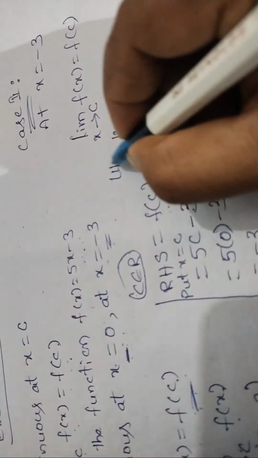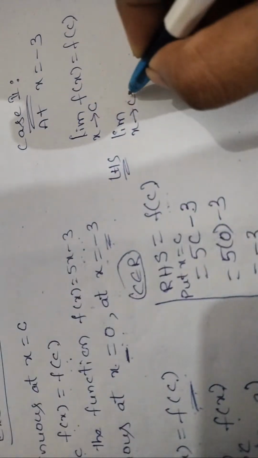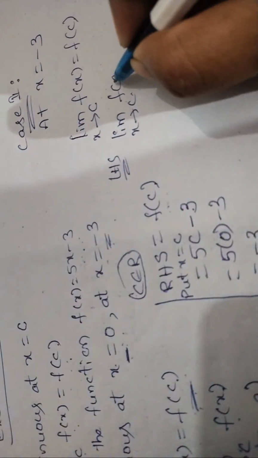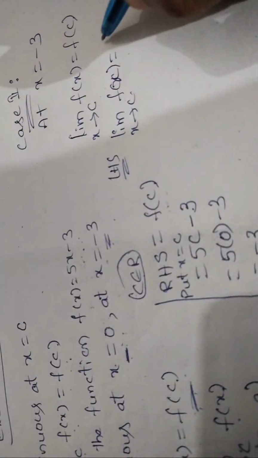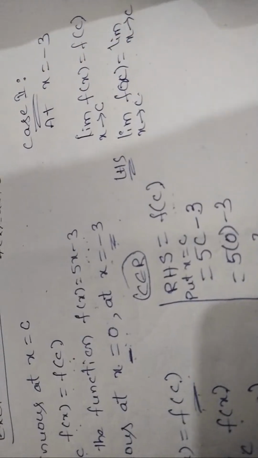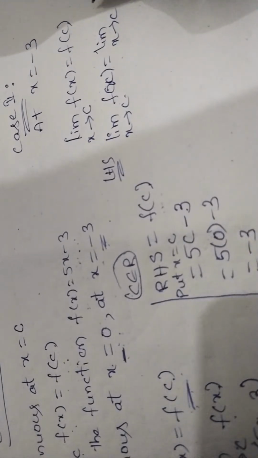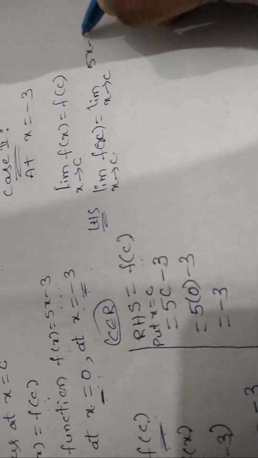So I will take first LHS. This part is LHS. f of x is equal to, now I will write the function in the formula. So what is the f of x here? 5x minus 3.